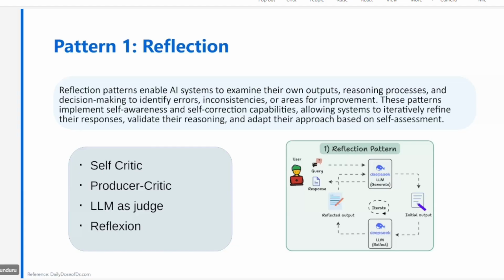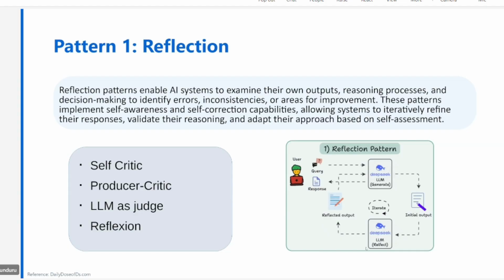So here, in the reflection pattern, the user is querying the LLM. The initial output is given to another LLM, probably the same LLM or it could be a different one. It will be validated by the agent again and again until it is satisfied, and then it responds back to the query at the end. So there is self-critic and producer-critic.